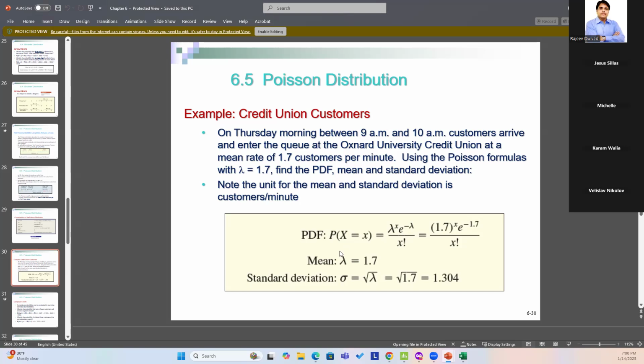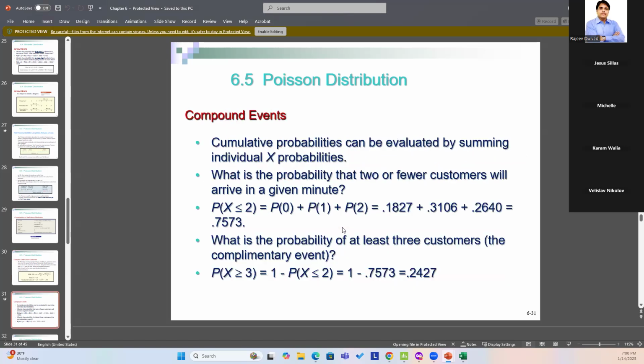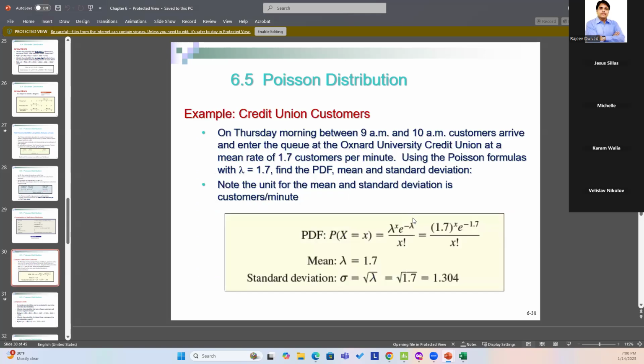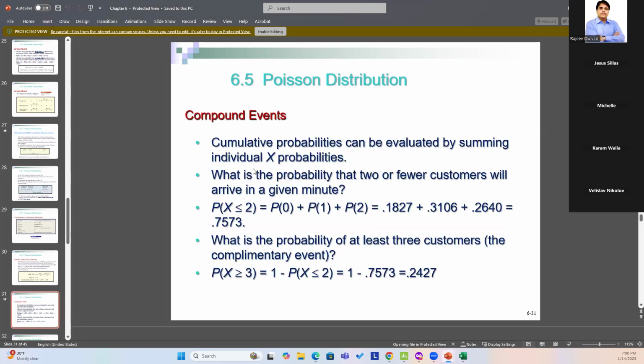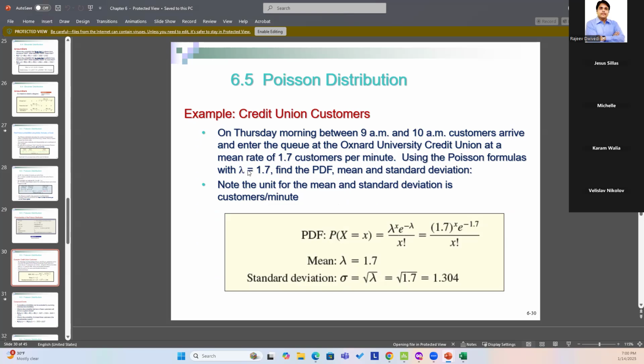Now look into this question. Here it is 1.7 customers per minute, and the question is: what is the probability that two or fewer customers will arrive in a given minute? Between 9 a.m. and 10 a.m. is 1 hour, at 1.7 per minute.